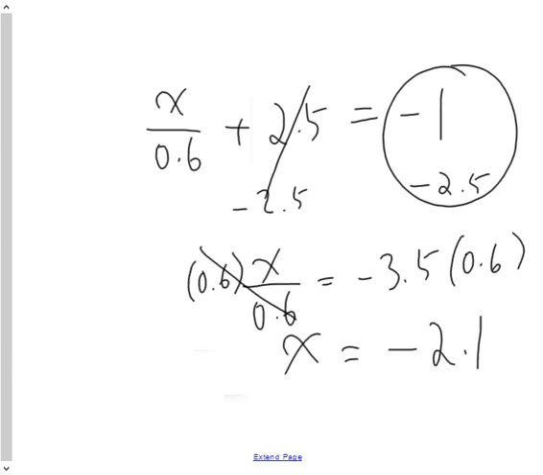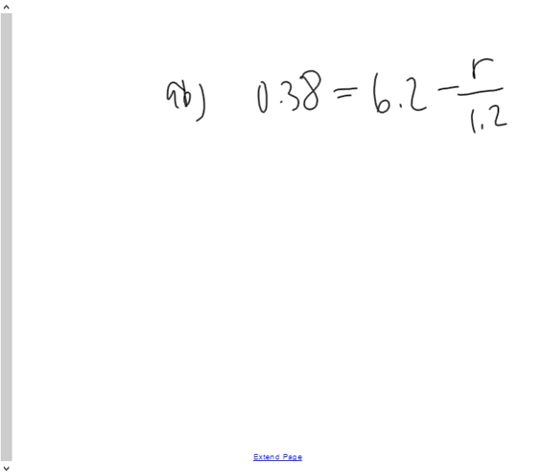So for question 9A, the answer is negative 2.1. And the last question in question 9 is 9B. So 9B says 0.38 is equal to 6.2 take away r over 1.2. So this is your constant.